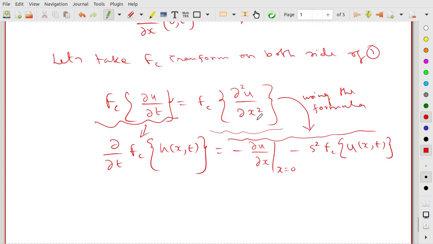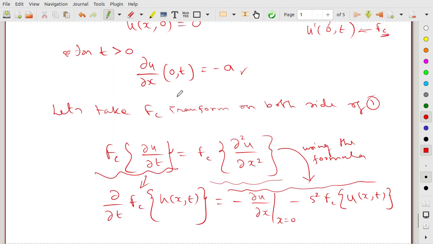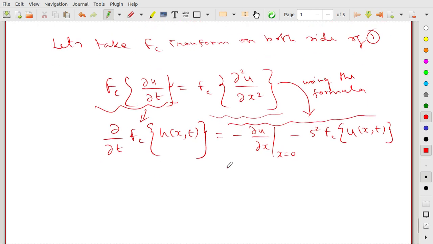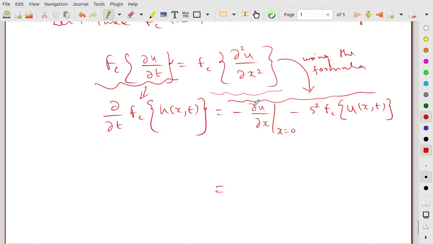Okay, and they have given that ∂u/∂x at x equal to 0 is minus a. Therefore we can write this as minus of minus a, which equals a.